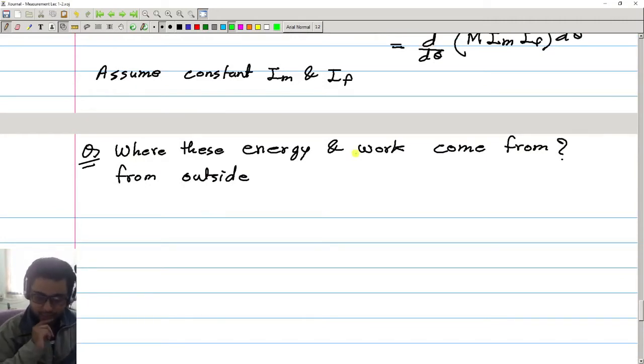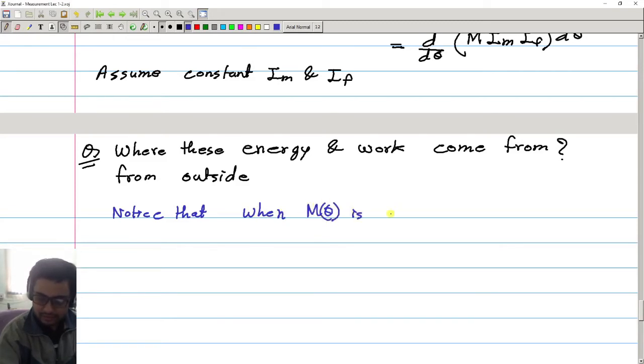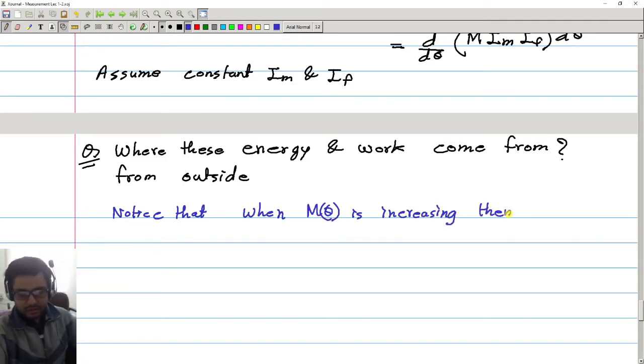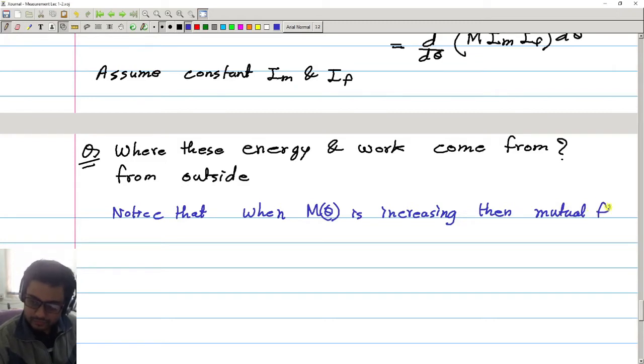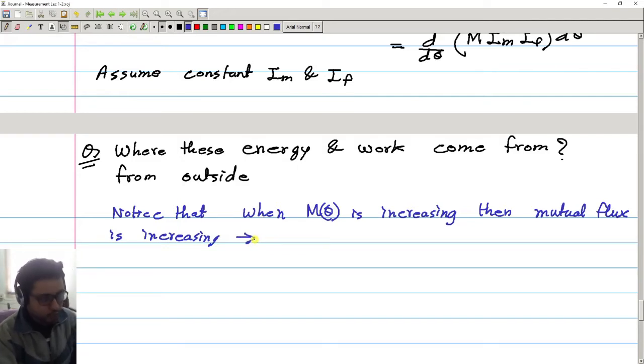Yeah, so where does this energy come from? It definitely comes from outside. Now you notice that when M(theta) is increasing, then mutual flux is increasing, and then the induced voltage will try to reduce this increment of flux linkage.